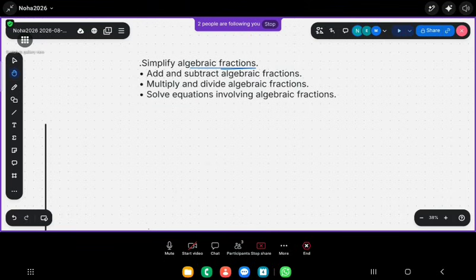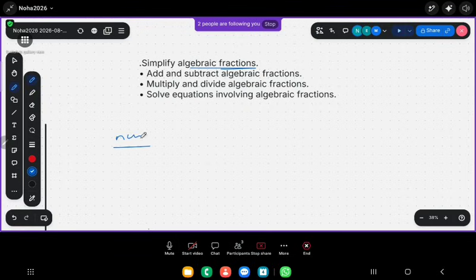What is a fraction? The fraction is some kind of numerator over denominator, right? We have something up, something down, and they are taking part together to make a fraction, okay?